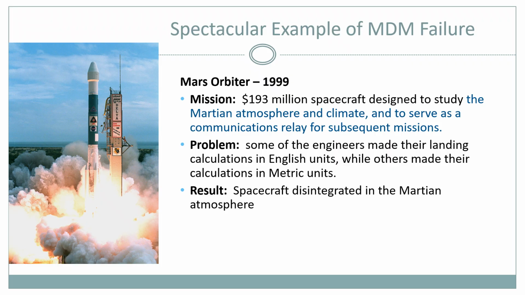Well, some of the engineers were making their landing calculations in English units, and some were making them in metric units. As a result, the programs didn't know what to do with each other, and the spacecraft crashed on the Martian surface. So that was a $193 million oopsie, if you will, and that was all because of a failure in a fundamental data management operation.